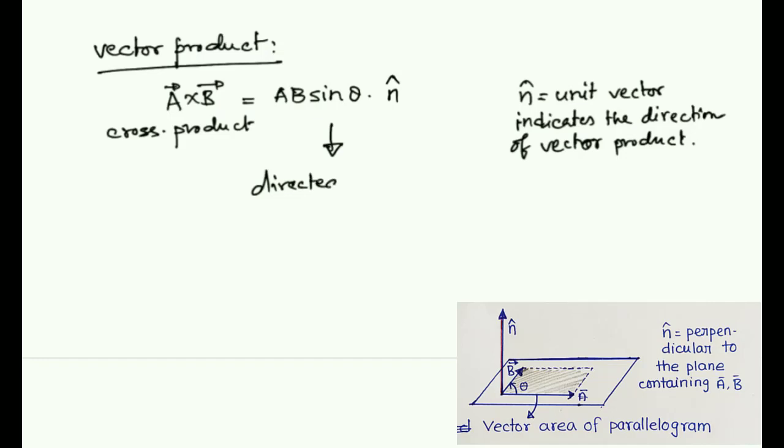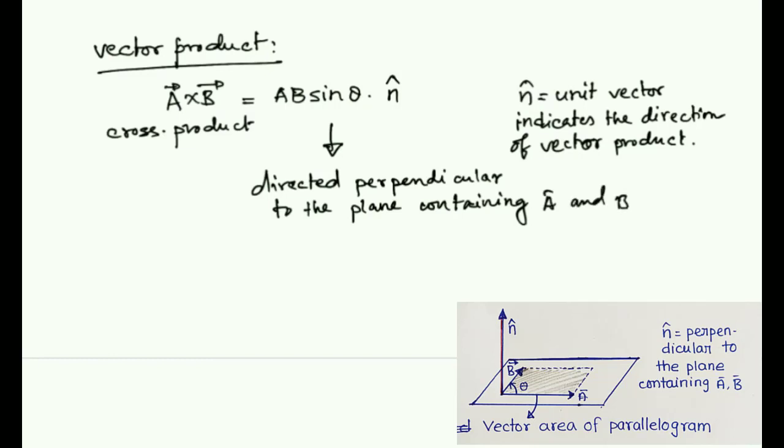The direction of this cross product is perpendicular to the plane which contains vector A and vector B. We have drawn this in this figure.